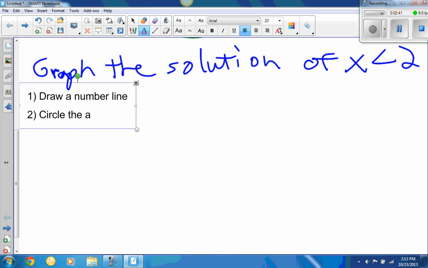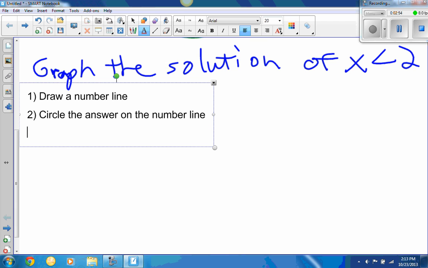So step 2, after you draw your number line, you're going to circle the answer on the number line. And I'm going to show you in a second here how we're going to do that.